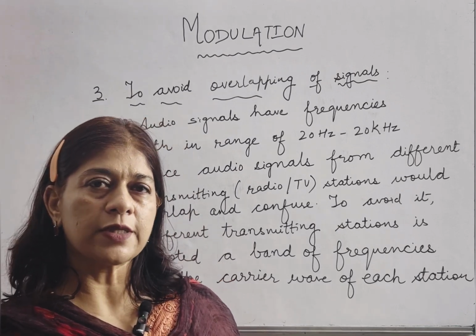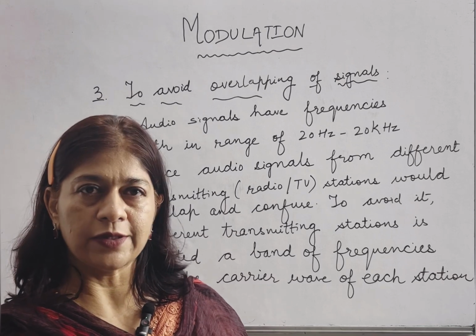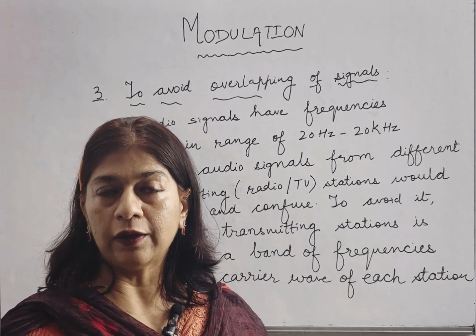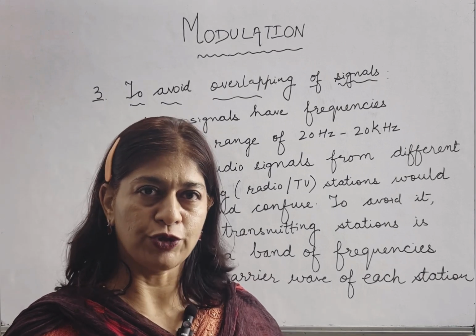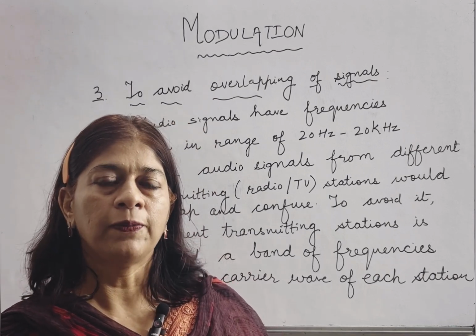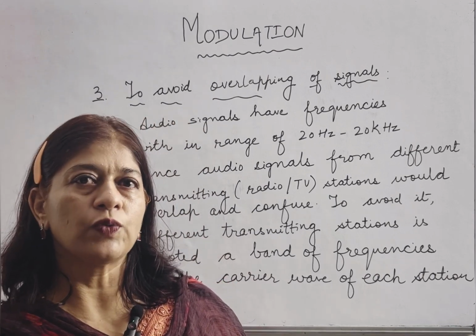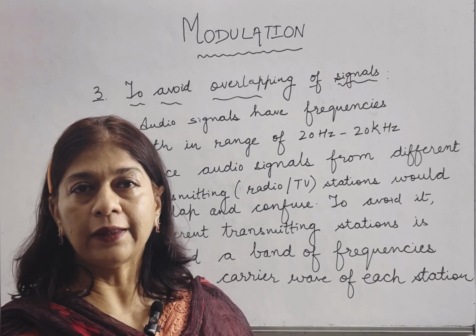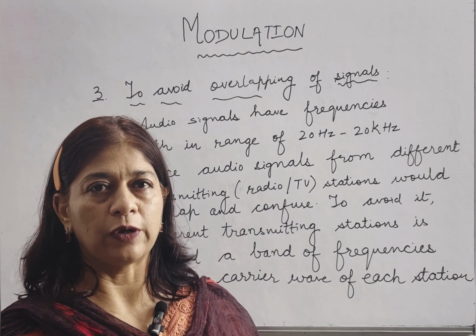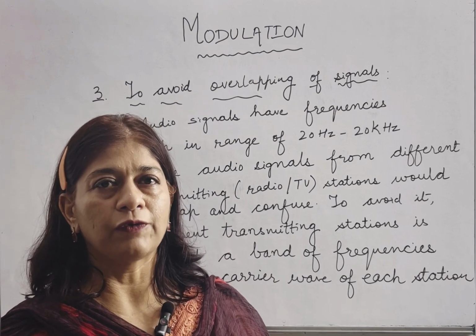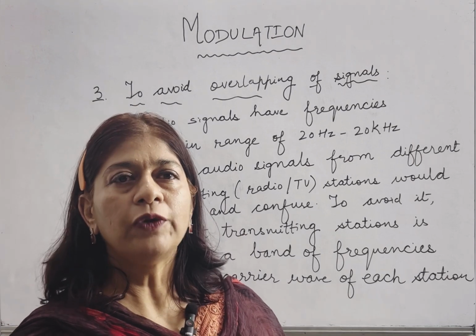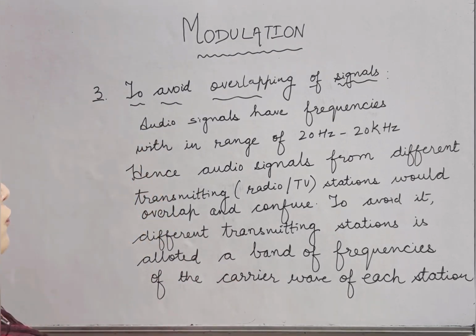When different stations are sending their signals in this range, then at the reception there will be overlapping and there are chances of confusion. To avoid it, each station is provided with a frequency band of the carrier wave, and there this problem can be sorted out. So there is a need of carrier wave to be there, and the need of modulation is required.